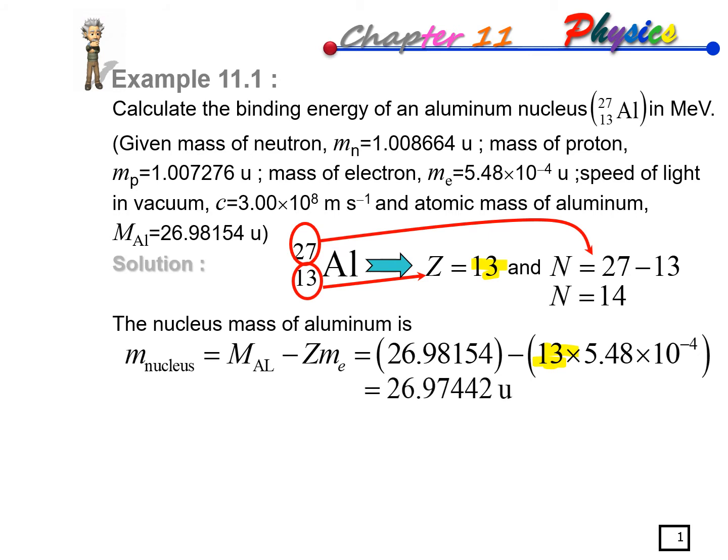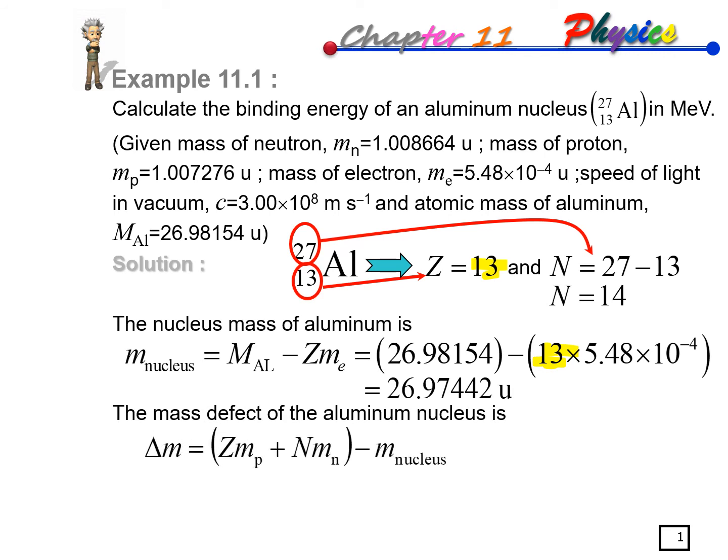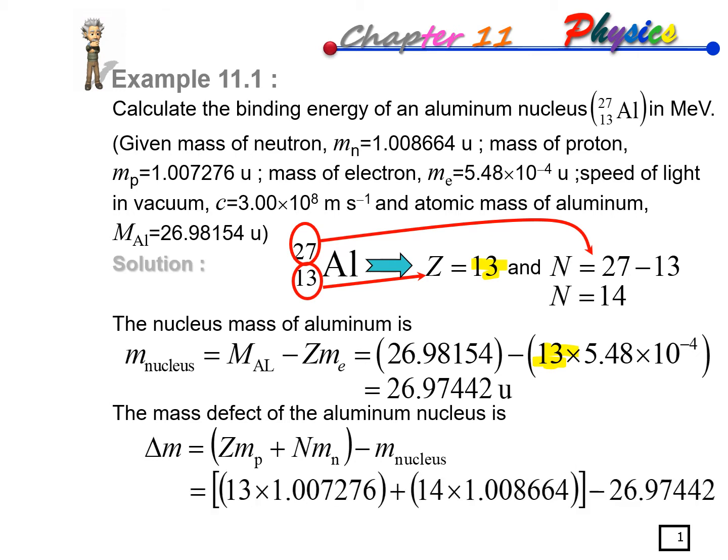To find the mass defect, take the total mass of the protons and add the total mass of the neutrons, and then minus the mass of the nucleus. Here Z, the number of protons, is 13, and the neutrons we calculated is 14. Multiply, and then minus the total mass of the nucleus.